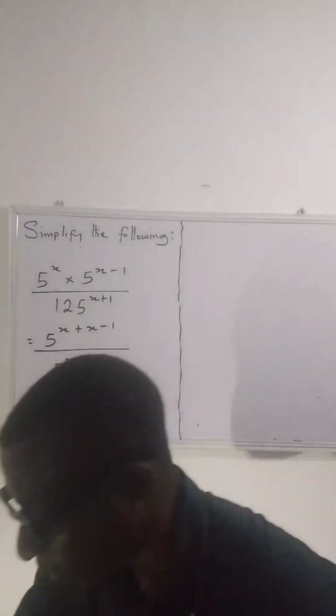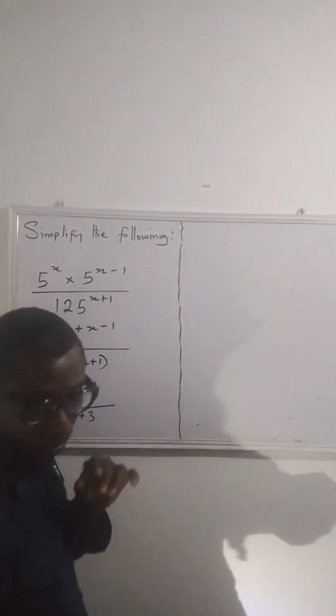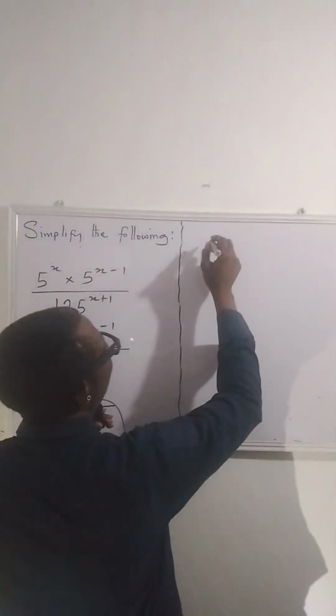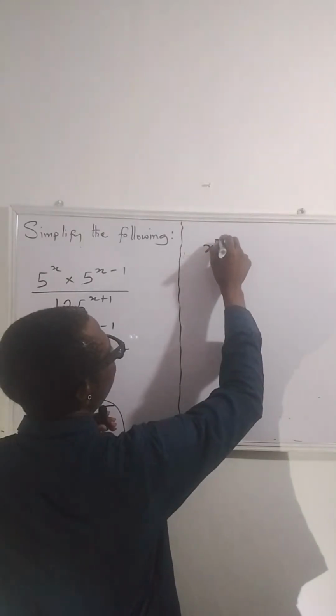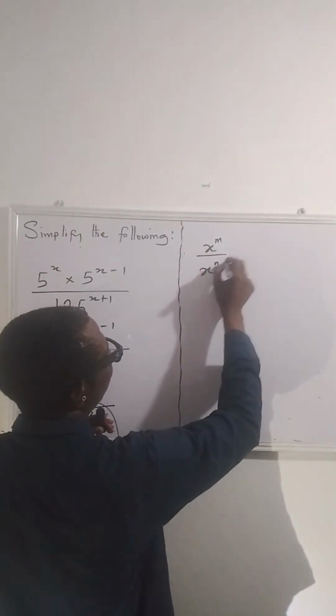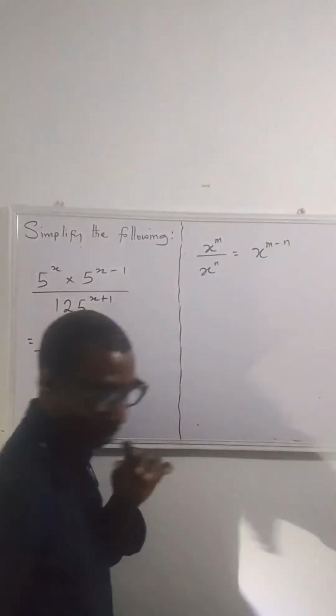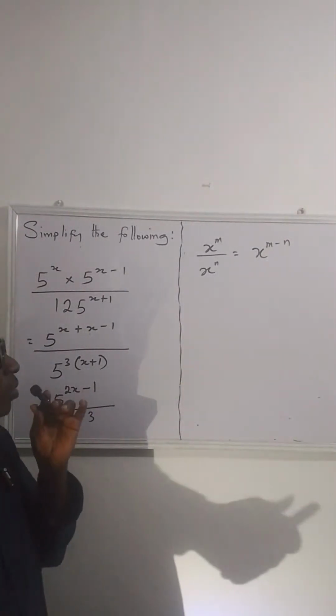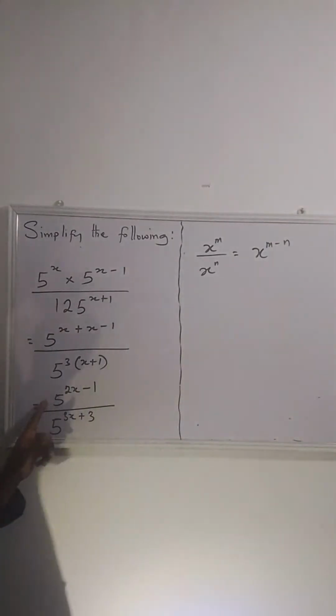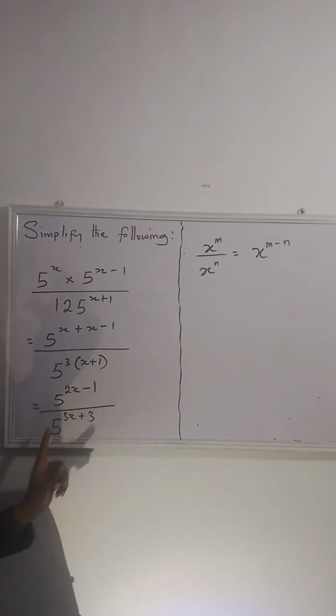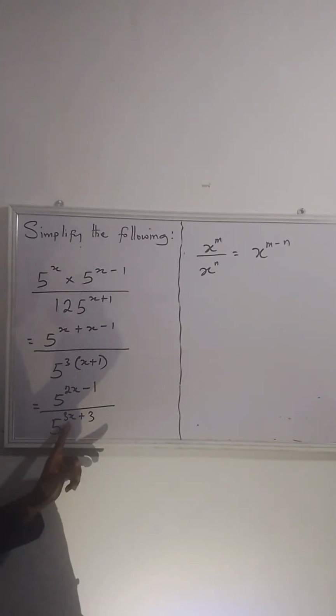Now I'm going to be applying this law of indices: x raised to the power of m divided by x raised to the power of n equals x raised to the power of m minus n. So now look at this. This is your m and this is your n. This is m and this is your n.